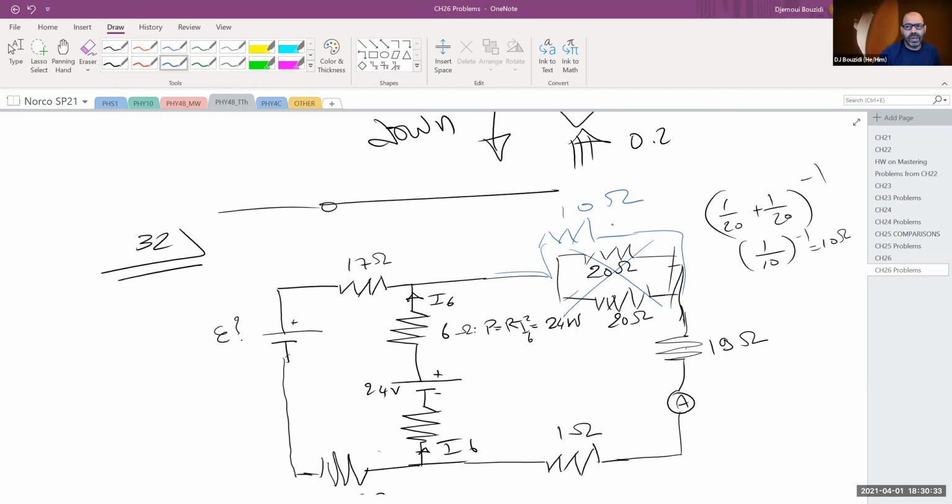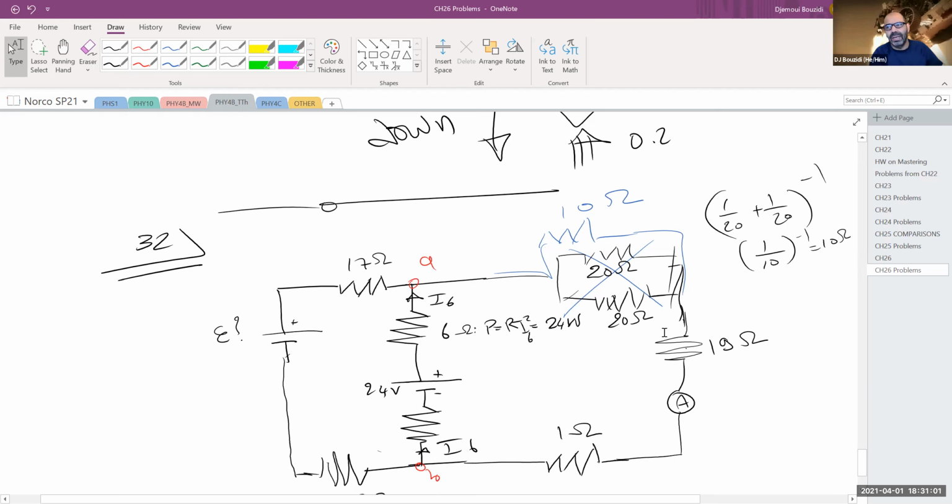So here is the deal. If we find I6, I'm going to start labeling things again. I'm going to call this point A and this point B to make life easy on myself. So I'm going to find the voltage drop between A and B. Once I find the voltage drop, that is the same voltage drop actually between those 2 resistors, which were in parallel.